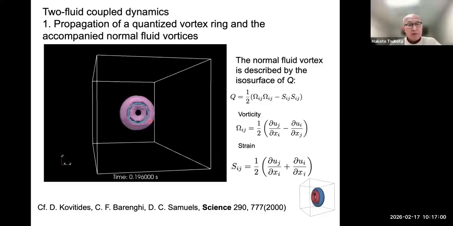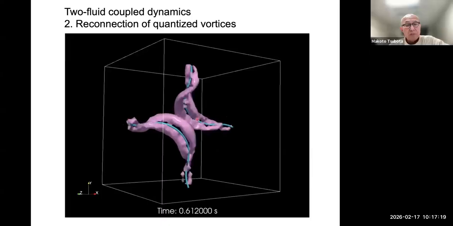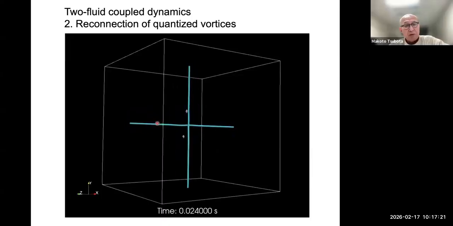And this is exactly the same as the previous pioneering numerical simulations by Dimitrios Kivotides and the Carlo Barenghi group 26 years ago. Or this is reconnections of two quantized vortices. When two quantized vortices reconnect, they accompany such vortices around this.